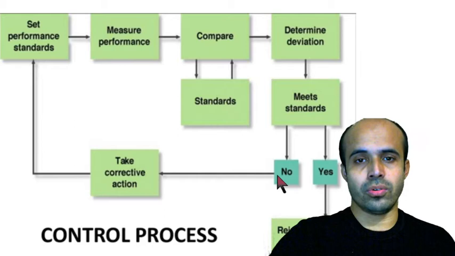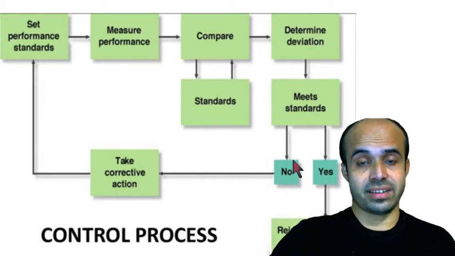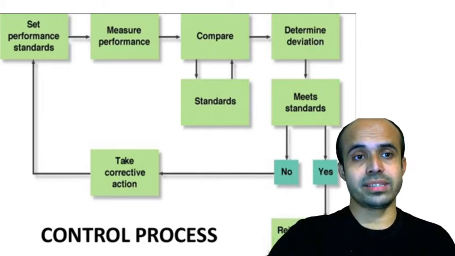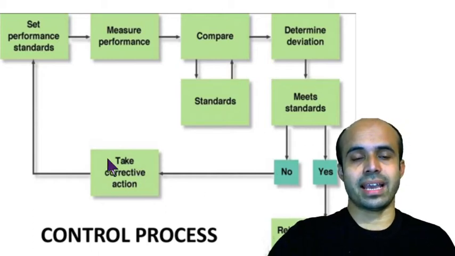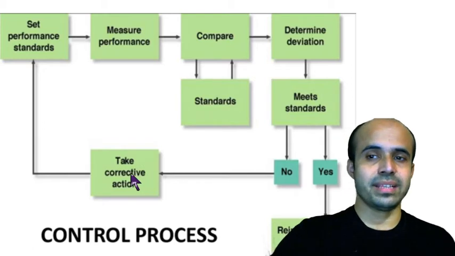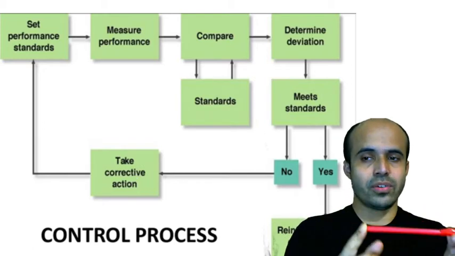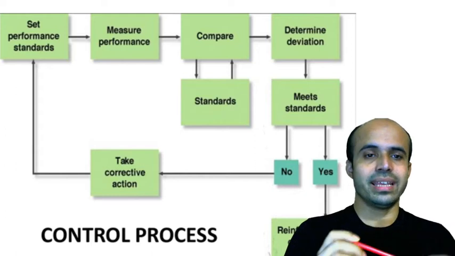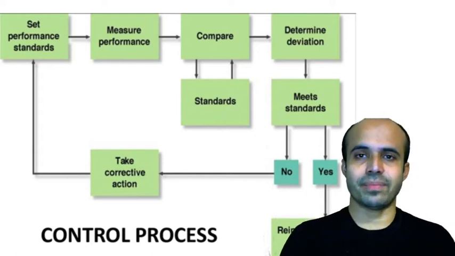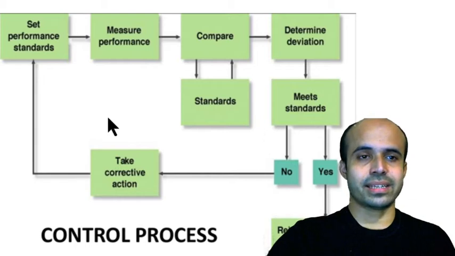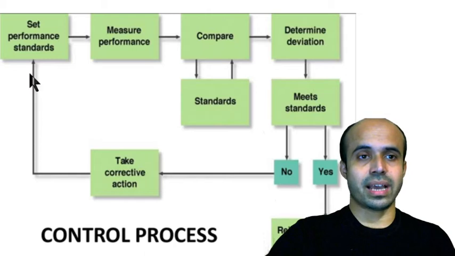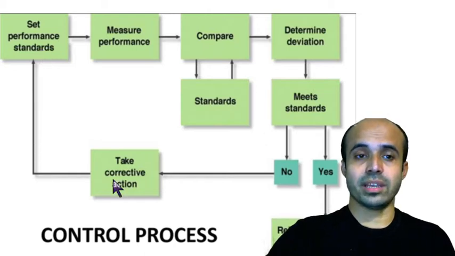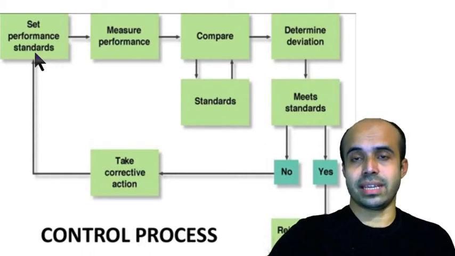It will be a complete pen. If it is no, it doesn't meet the standard, meaning when compared with the standard it is not fit, then it will take corrective action. Corrective action means that if the pen is not perfect and there is a fault, then I have to take a corrective step. And this corrective step, you can see a line, comes back to set performance standard.